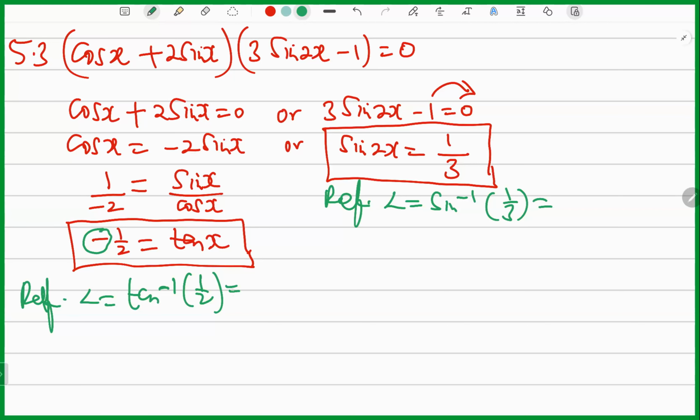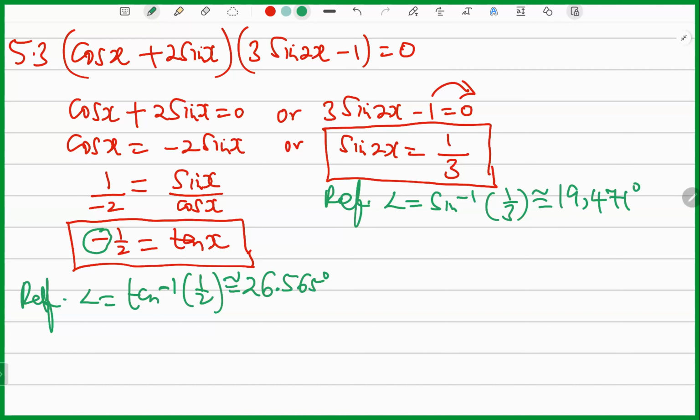So if we say arctan of 1/2, the calculator gives 26.565 degrees. What is arcsine 1/3? The calculator gives 19.471 degrees, approximately.